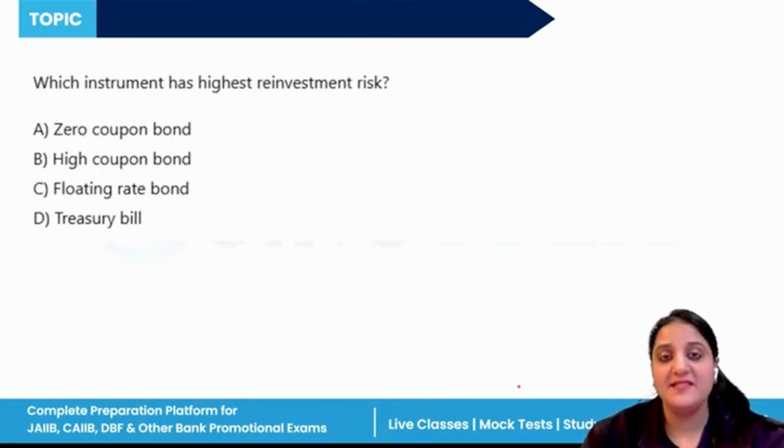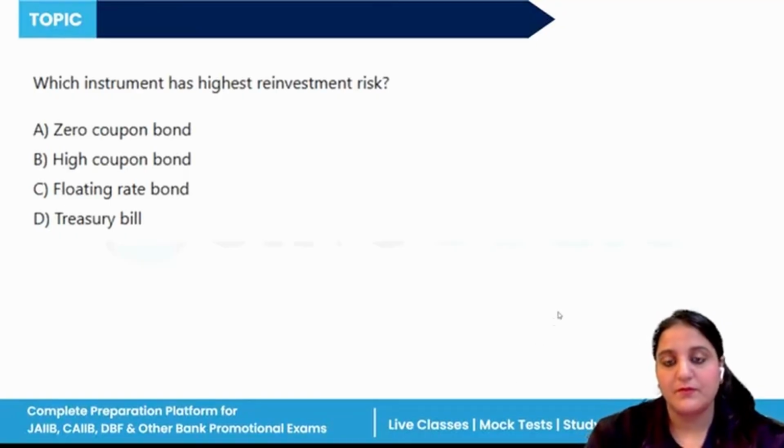Which instrument has the highest reinvestment risk?